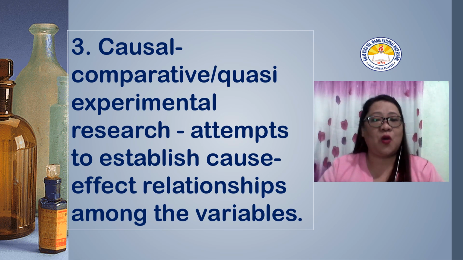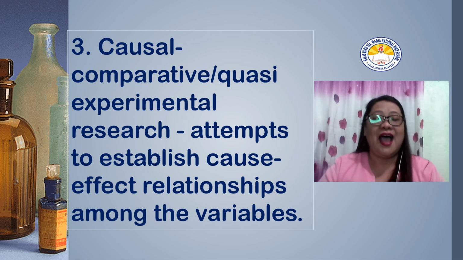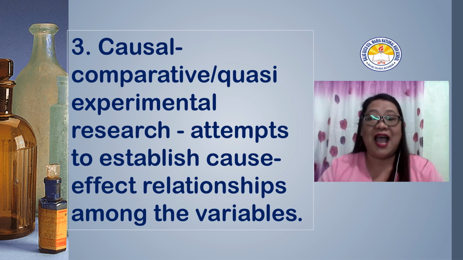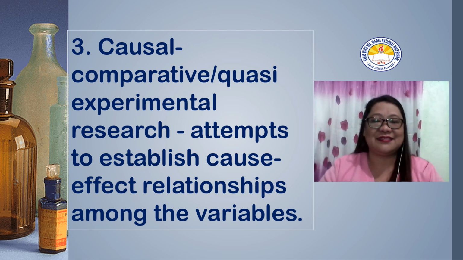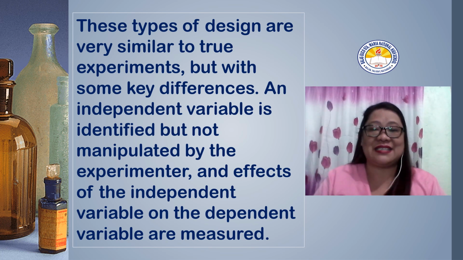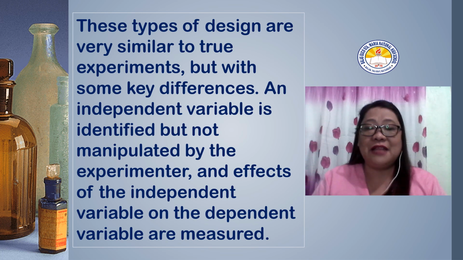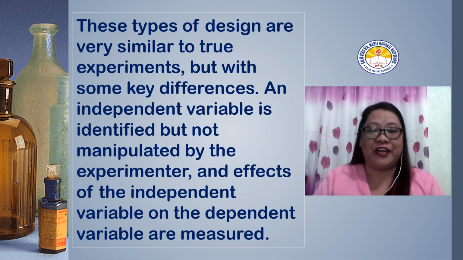Number three is causal comparative or quasi-experimental research. This kind of design attempts to establish cause and effect relationships among the variables. These types of design are very similar to true experiments, but with some key differences. An independent variable is identified but not manipulated by the experimenter.